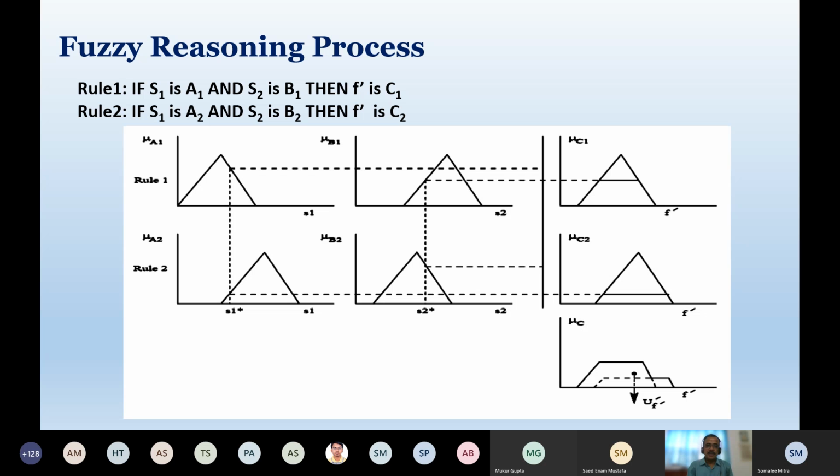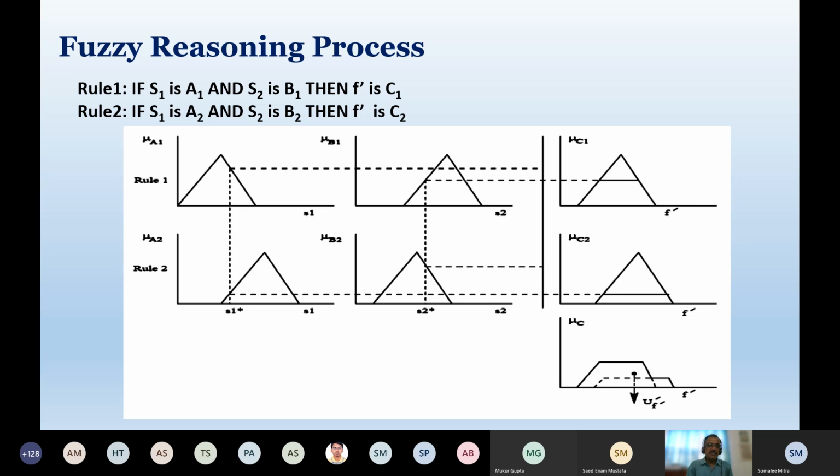So for S1, this is the membership function distribution for A1. For S2, this is the membership function distribution for B1. And for A prime, this is the membership function distribution for C1. This indicates the first fired rule.